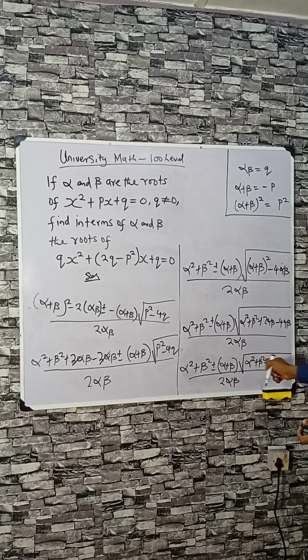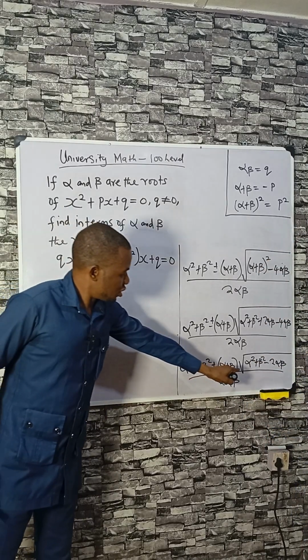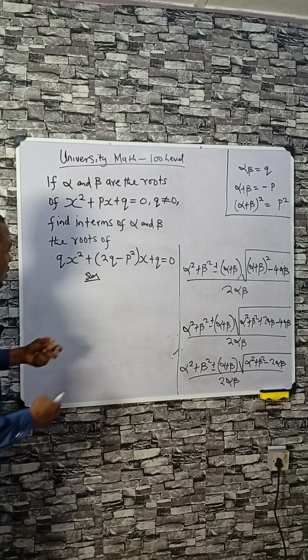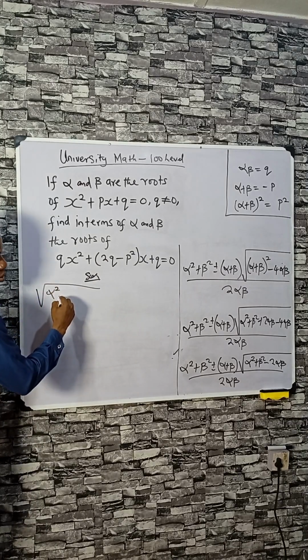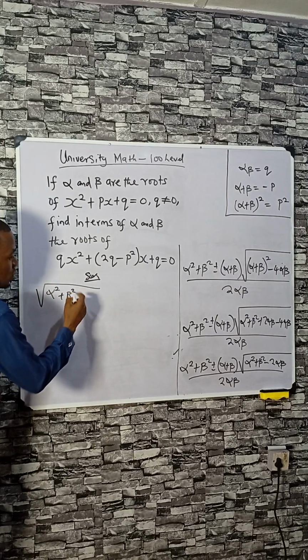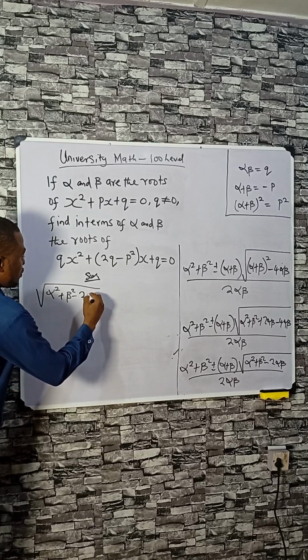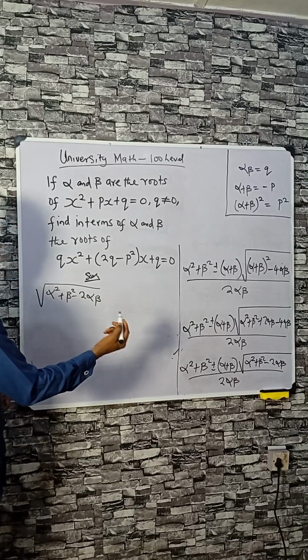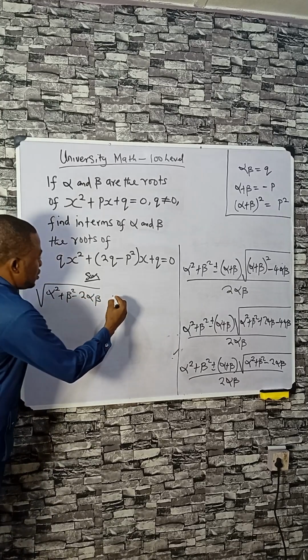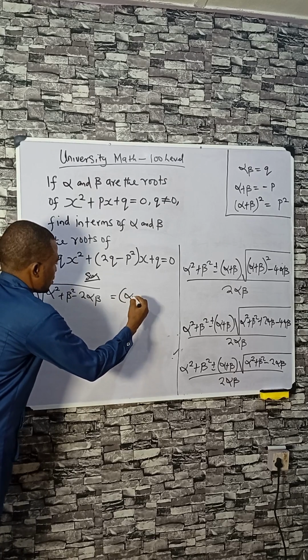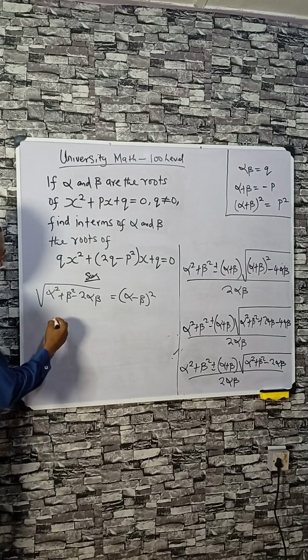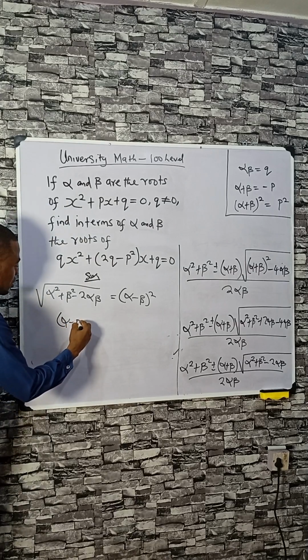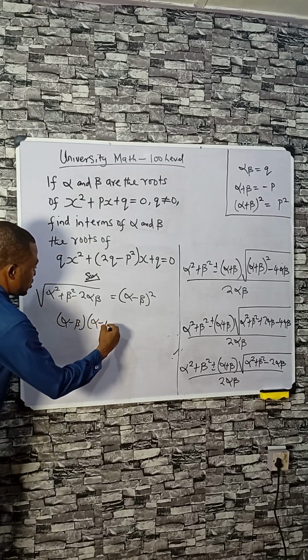We're almost done. Check something here. Let's pay attention to the square sign. Look at this: alpha squared plus beta squared minus 2 alpha beta. You see, this is the identity for alpha minus beta all squared. Let's check. Alpha minus beta times alpha minus beta.